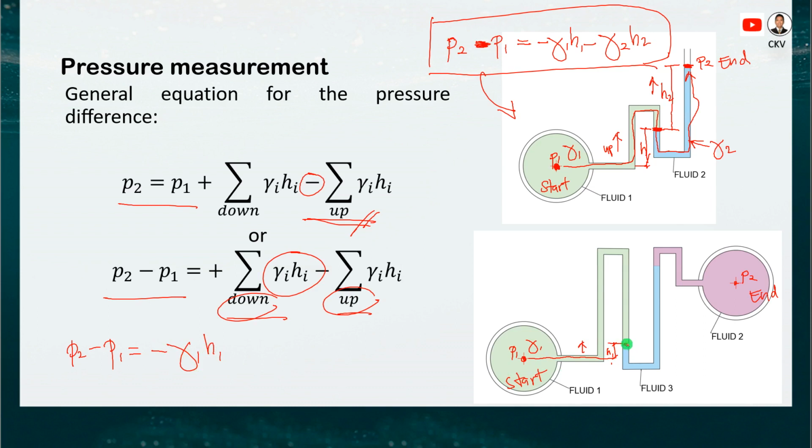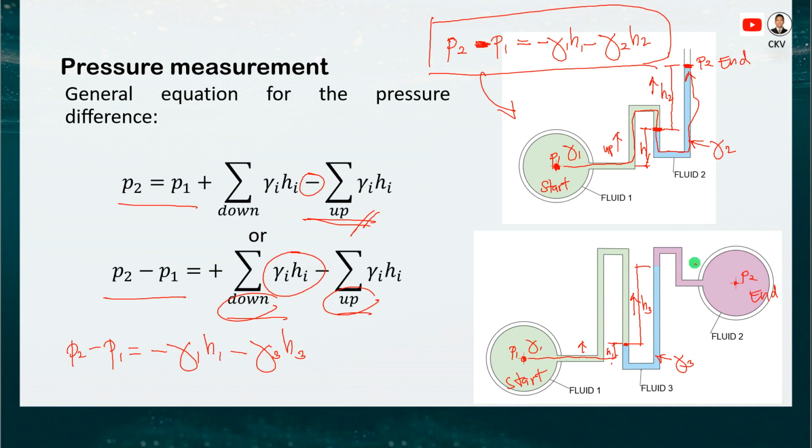Fluid number 3 started here and ended there. So going up again. This is say H3, with the unit weight of fluid 3. So the product of unit weight and its height. Going upward is negative. Negative H3.